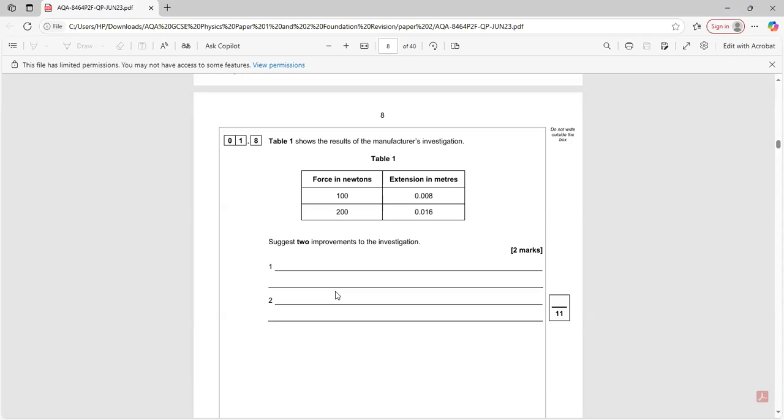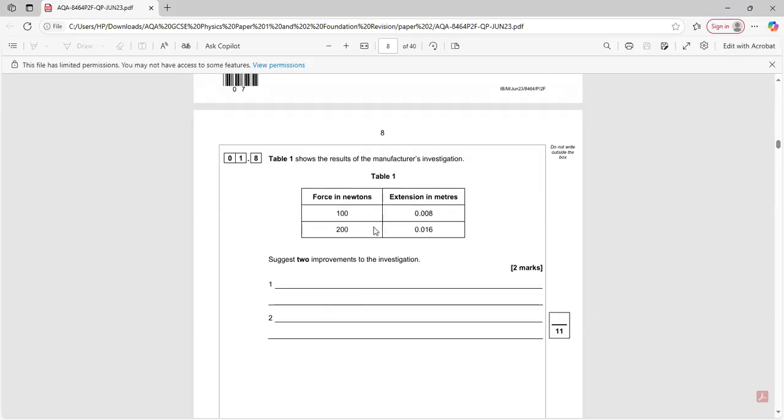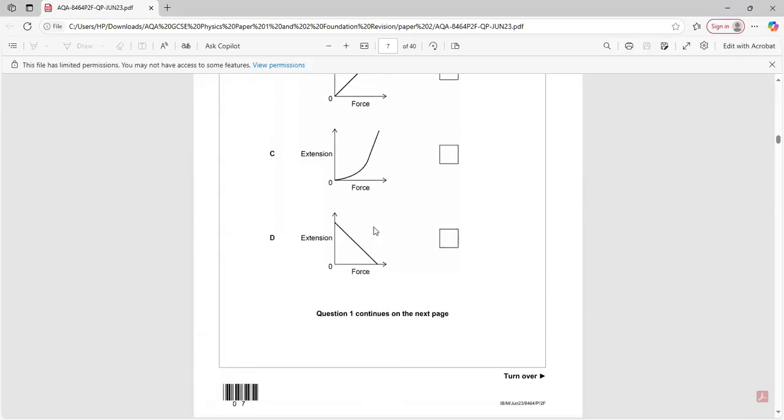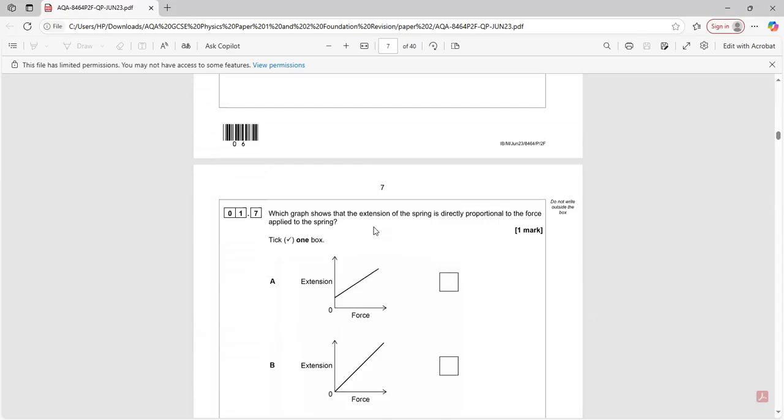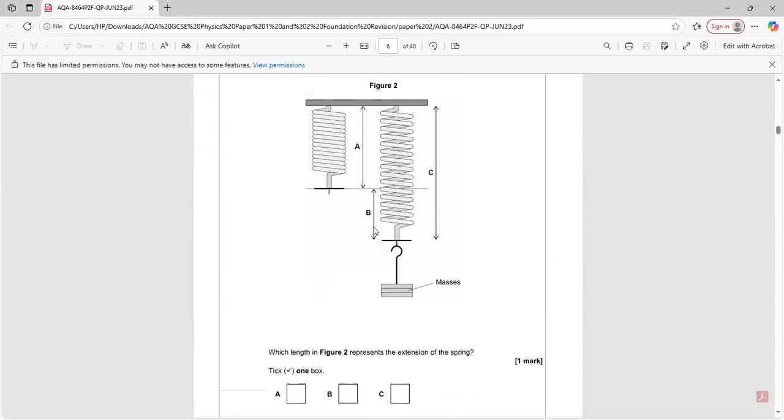The question is this: suggest two improvements to the investigation. How do we improve these investigations so that we can get accurate values? But let us even look at the investigation.